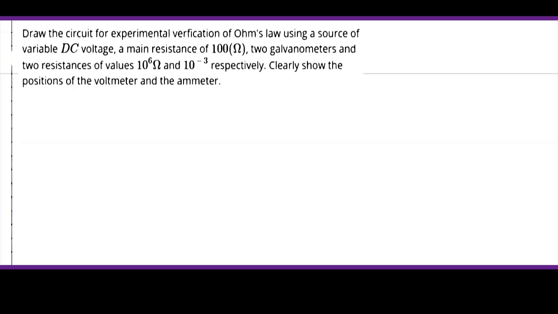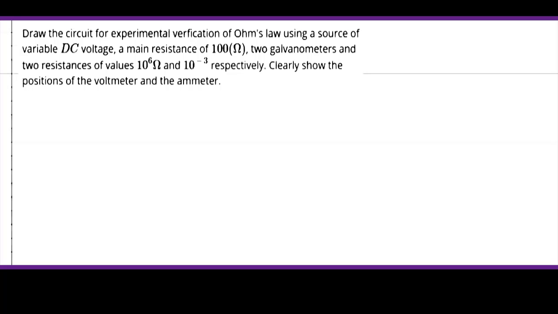Hello. The question asks: draw a circuit for experimental verification of Ohm's law using a source of variable DC voltage, a main resistance of 100 ohms, two galvanometers, and two resistances of value 10 to the power 6 ohm and 10 to the power minus 3 ohm respectively.